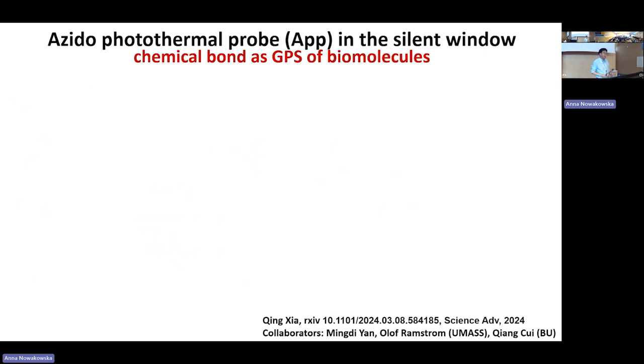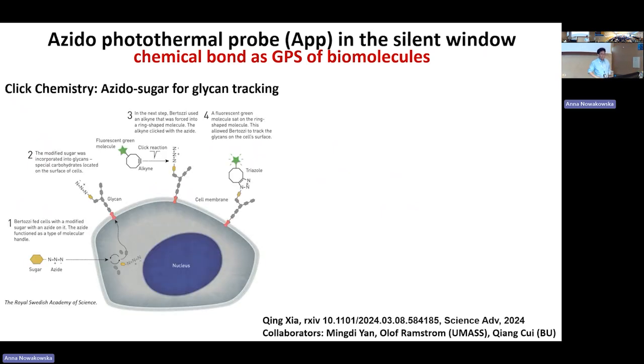And we are certainly not the first ones to think of this, but indeed this was used in click chemistry, which received a Nobel Prize 2 years ago. So in this method, azide is conjugated to a sugar molecule, and this carbohydrate goes into cells to form the biochemistry and the lipid glycan on the cell surface.